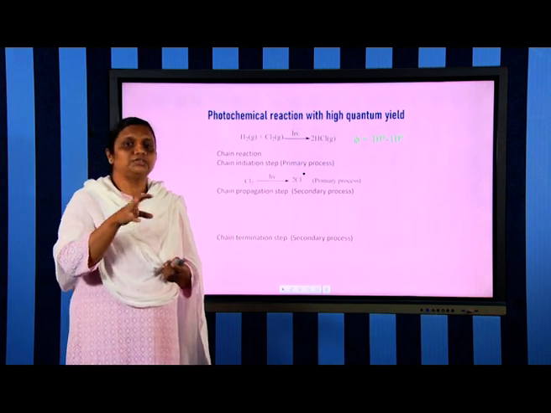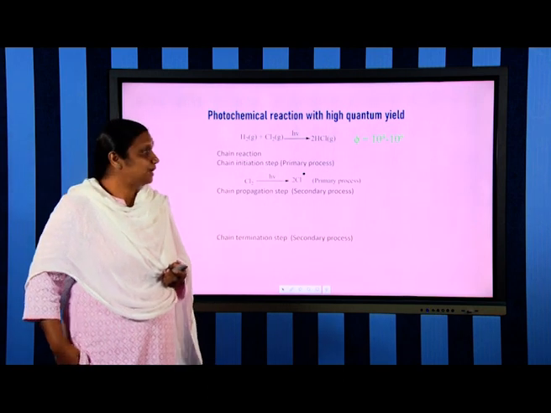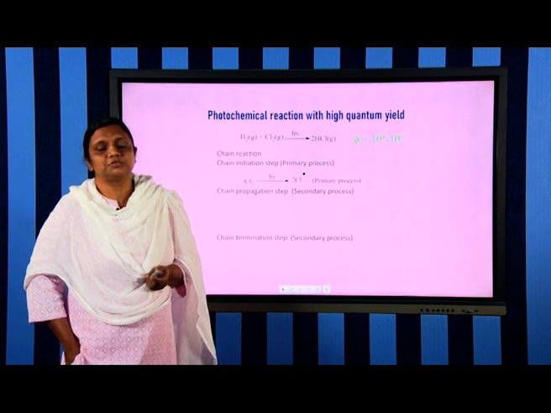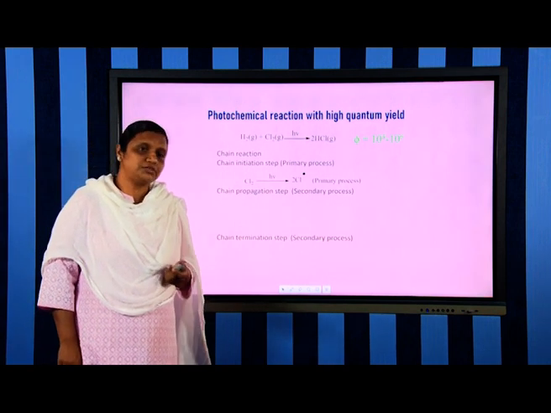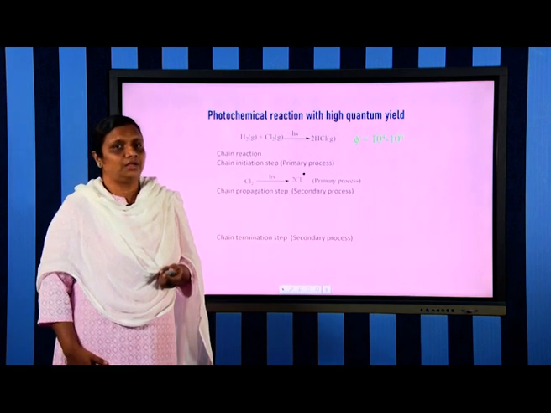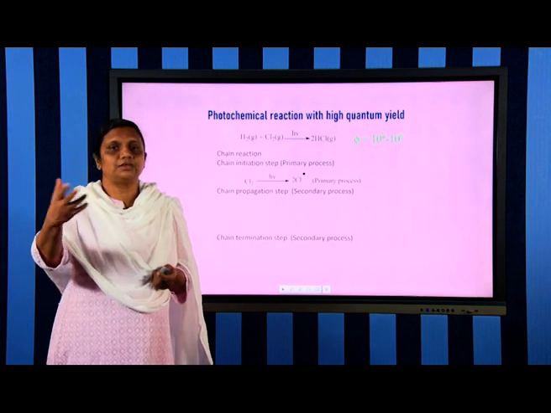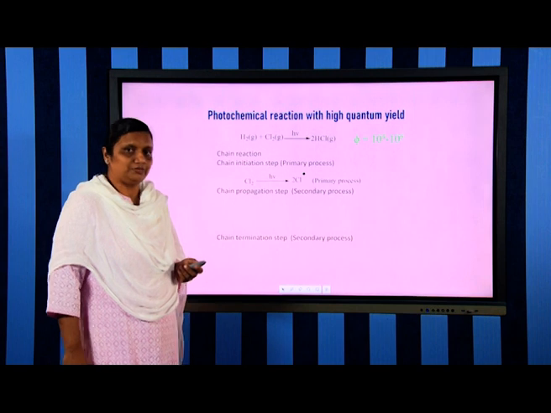Even though there is hydrogen and chlorine, only chlorine gets activated. And earlier when I talked about photosensitized reaction, I said for hydrogen to get activated, you need a donor. That is why you use mercury, and then hydrogen gets activated and forms atomic hydrogen. So, hydrogen is not a photosensitive molecule.